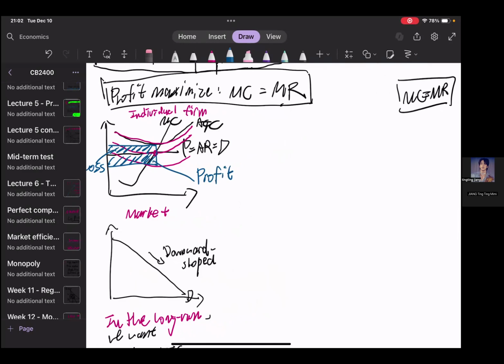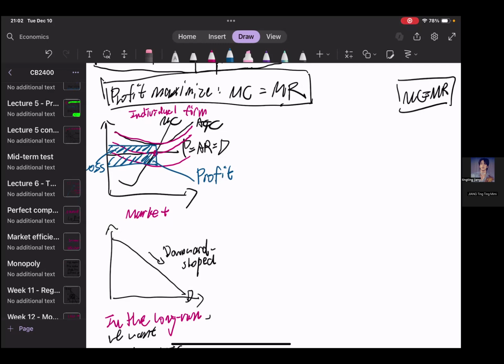Because just based on common sense as well, right? If your price is higher than your cost, you're making profit from the extra price, from the revenue that was not deducted by the cost.